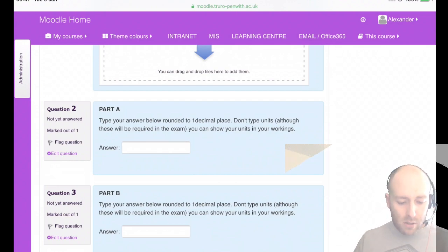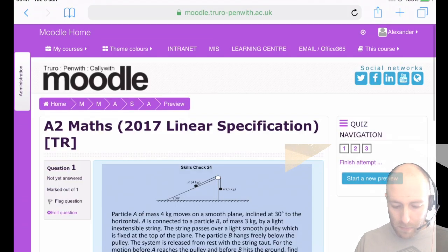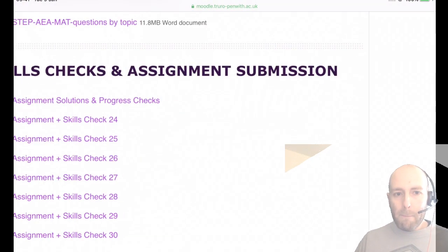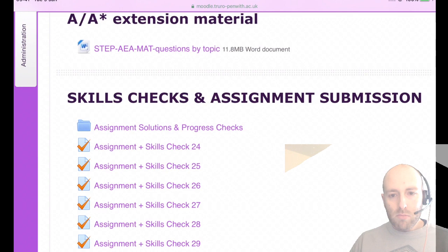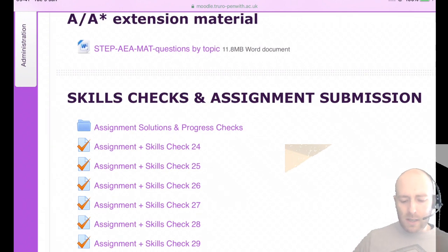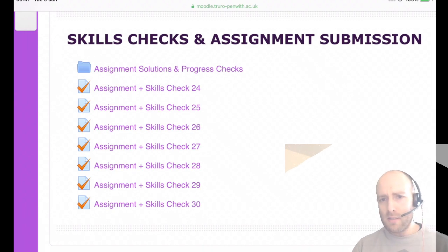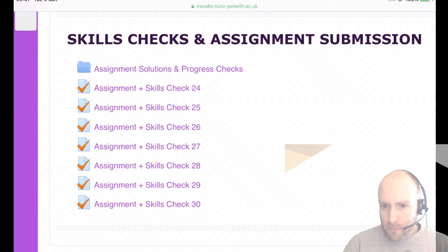I know it's a pain, but you haven't got much that you can do at home. So if you could keep working with the assignments and keep revising. And there's your skills checks. There's only like 6 left, so it shouldn't take too long. You should have done assignment 24 already because that was due the day that I started self-isolating last week. So are we going to use that as a reference for grades?